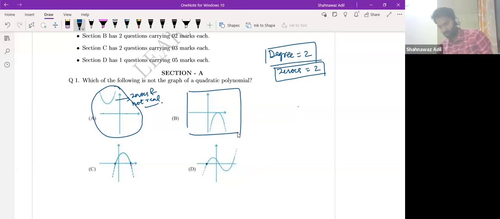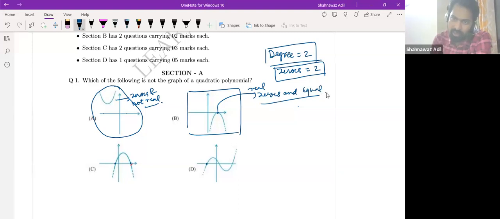Can it be equal zeros? There are two zeros, but they are equal. So we have two real zeros and both are equal. This is that condition.